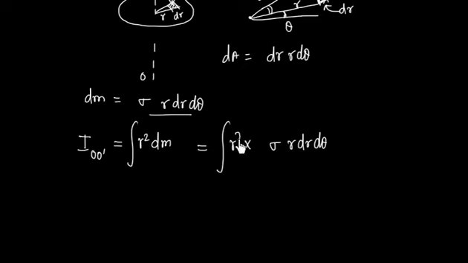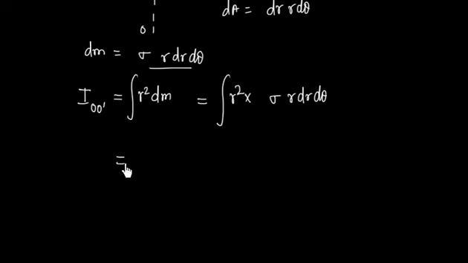We have r square. Now we have to integrate on dr as well as on d theta. So we need two integrations, one on r, another on theta. Sigma is constant, so we have r square dr d theta.